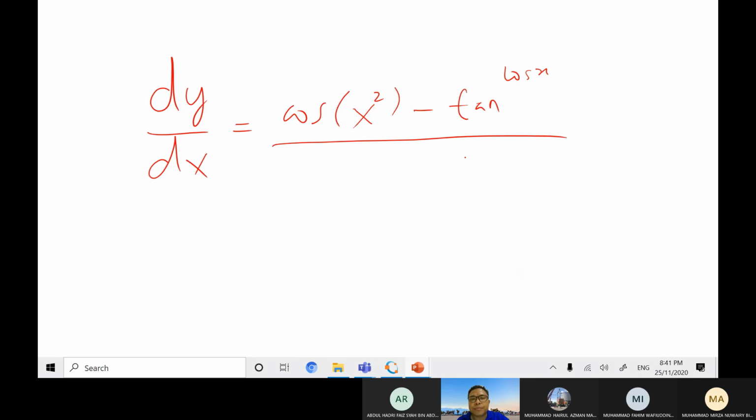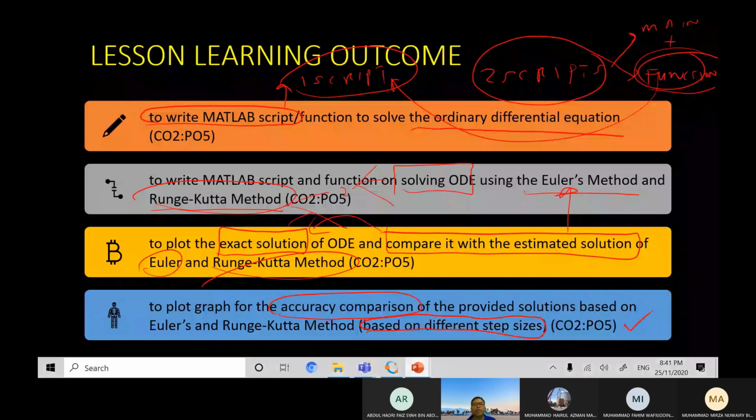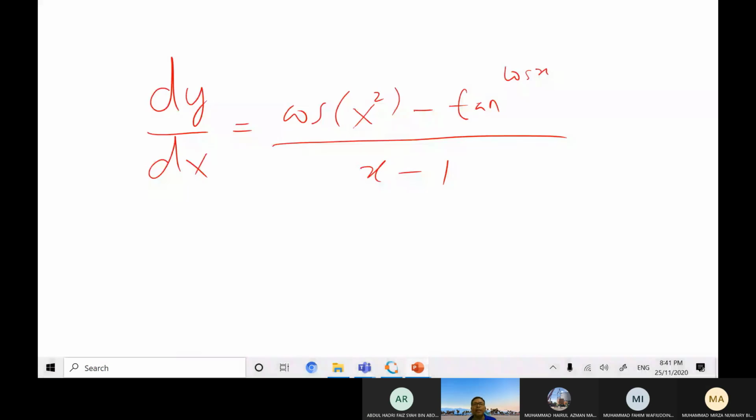Okay. Macam mana you nak cari dia punya exact solution ni? Saya rasa saya pun tak boleh. Kalau setakat yang ini, saya boleh cari lagi. Yang ni tadi, yang ni saya boleh cari, senang yang ni. Tapi jangan haraplah you nak selesaikan yang tadi tu. Yang ni, this is very complicated.